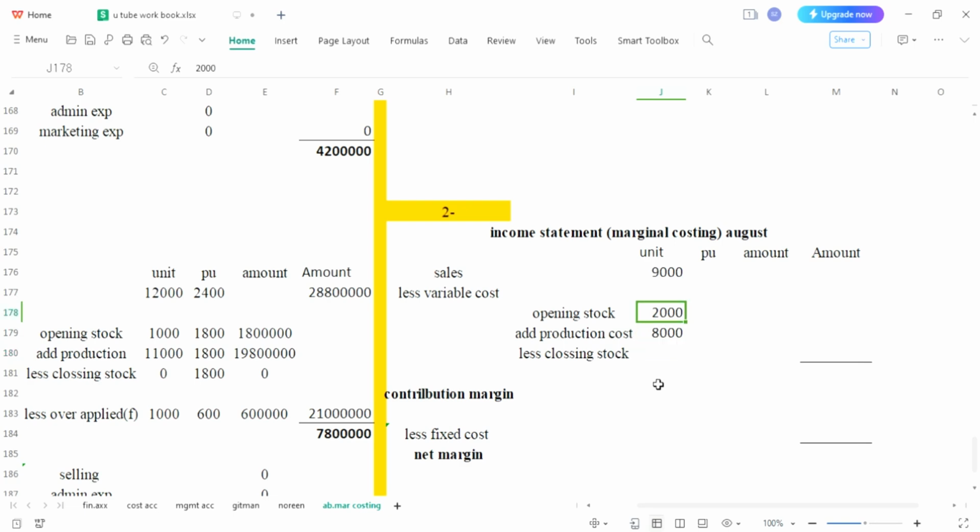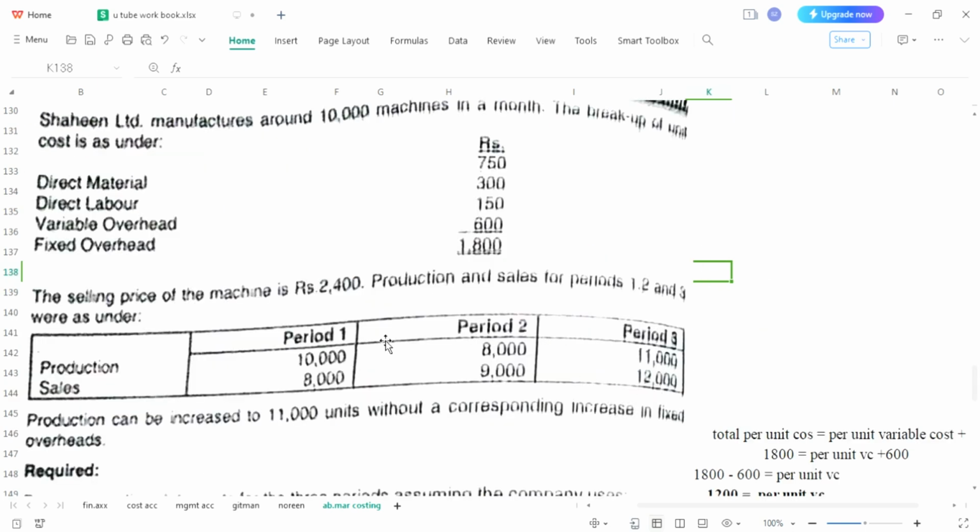See, 2000 were opening stock and 8000 additional production. Total units you were having 10,000, out of which you were able to sell only 9000. Out of 10,000, 9,000 units you have sold. So how many number of units are still in hand? That is 1000.